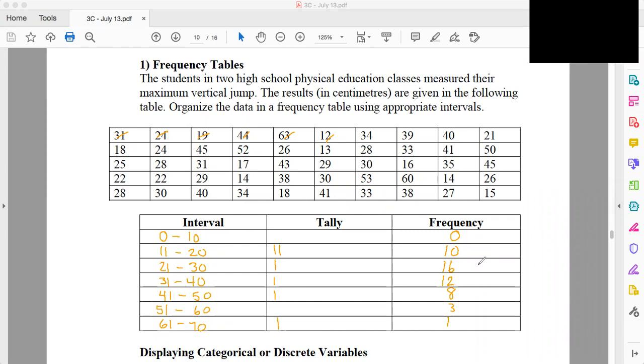You can see here that the maximum vertical jump that was most consistent, or the most of, was between 21 and 30. So that kind of helps us. We would have never been able to gather that in this colossal mess. So you have to put it into a table like this in order to understand it. So I'm going to clear this, and we're going to keep moving forward.